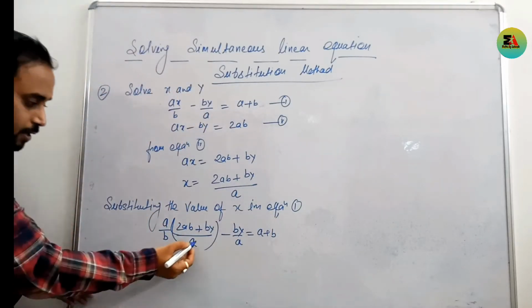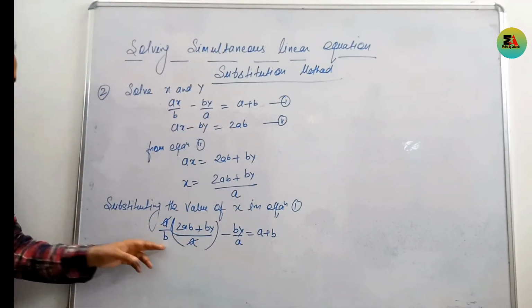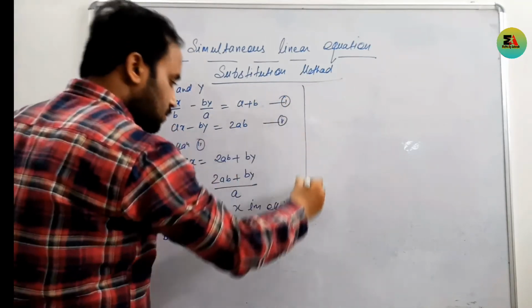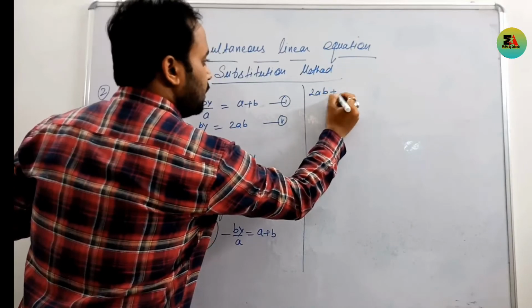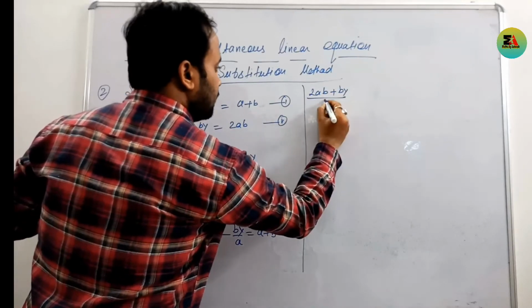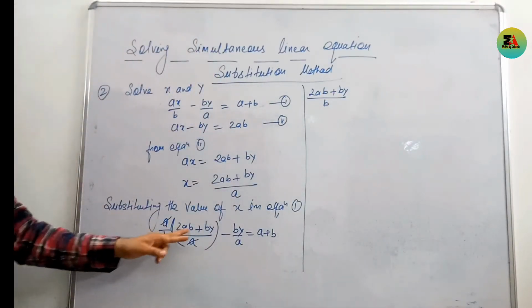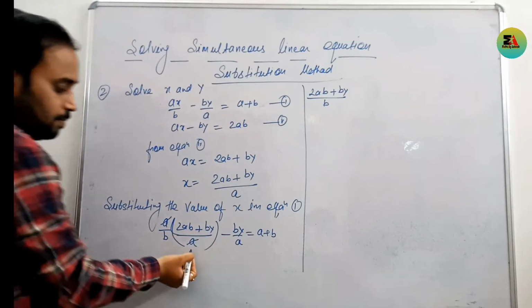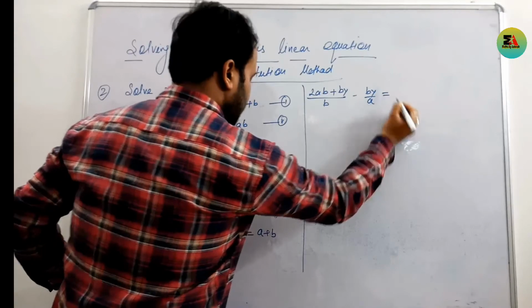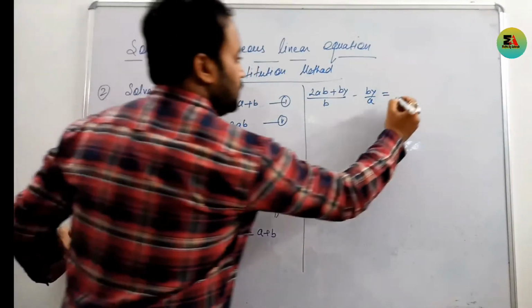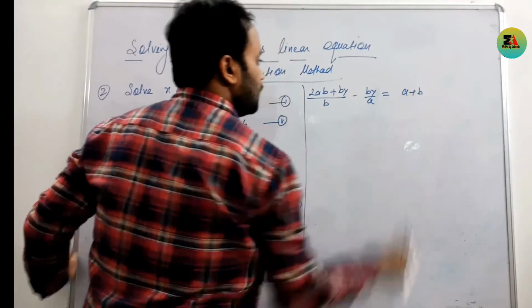Clear? Now see, this a will be cancelled out. So the equation becomes (2ab + by)/b − by/a = a plus b. Clear?